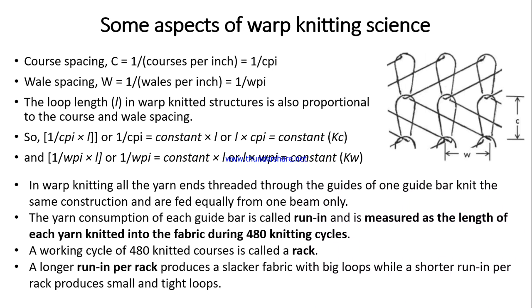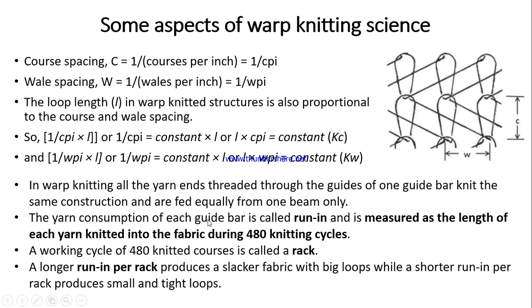So all the guides in a guide bar will need the same structure, and that's why the threads fed in the guides present in the same guide bar should be coming from the same beam.